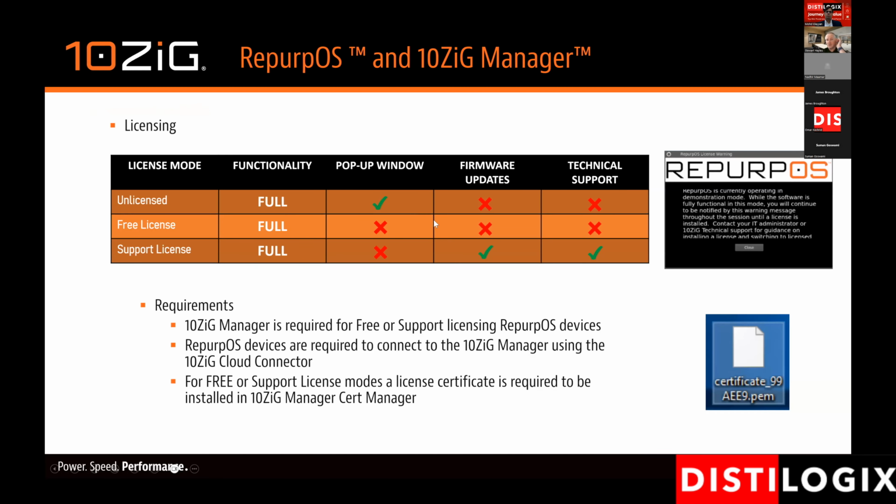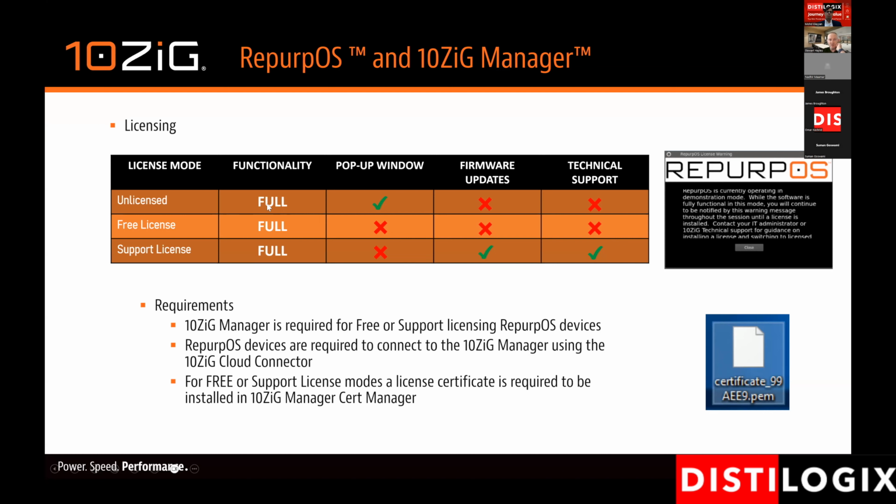And then licensing. James has touched on this already as well, but just to explain a little bit further. With the licensing, we can provide you with the RepurpOS software, which you can download from a link which we provide. If you install that RepurpOS onto a USB and use it from there, or onto a third-party device, you would initially be running it in unlicensed mode.